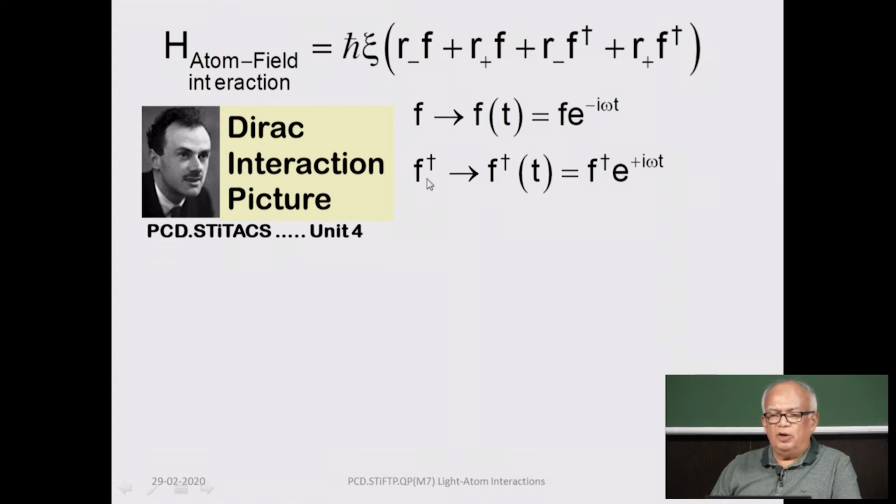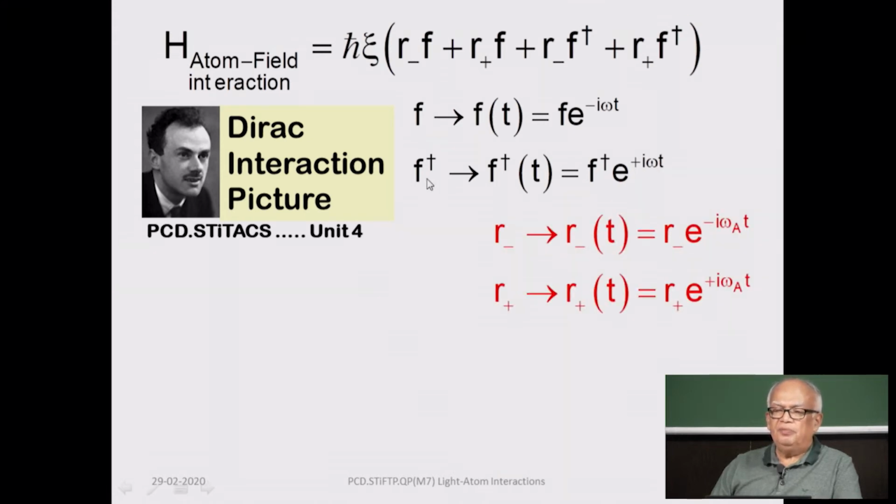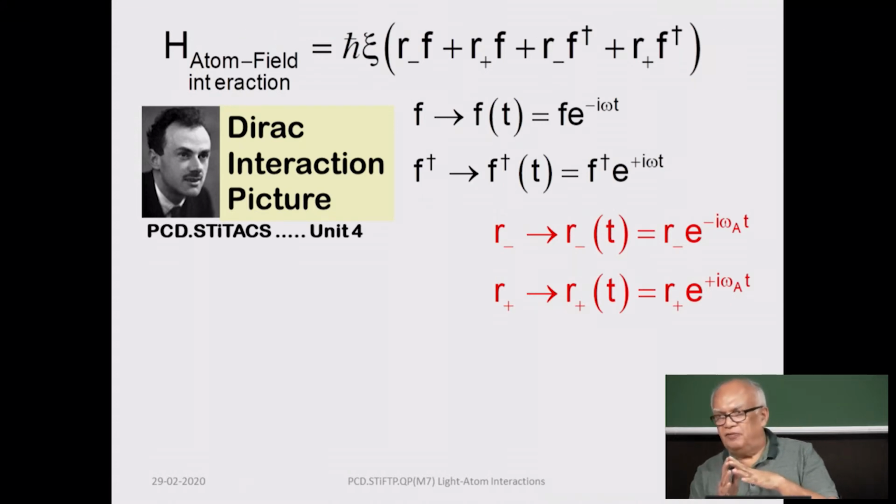This is the adjoint creation operator, and the raising and the lowering operators are also time dependent, but here you have the energy of the photon, here you have got the energy difference between the excited state and the ground state of the atom. So, there are 2 energies that you have, omega and omega A. Omega is the energy of the photon in units of h cross, omega A is the atomic energy in units of h cross.